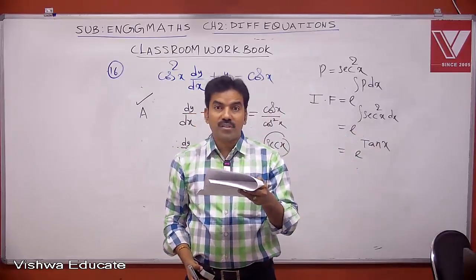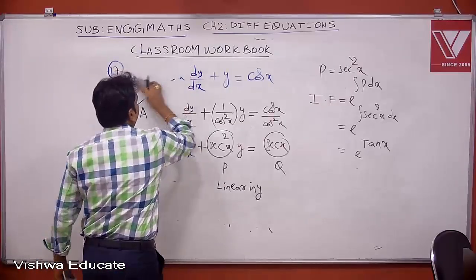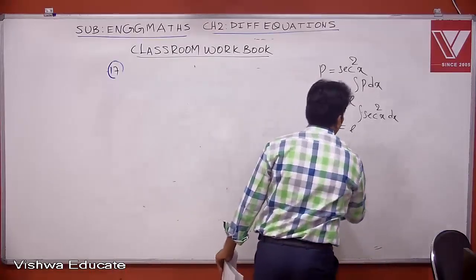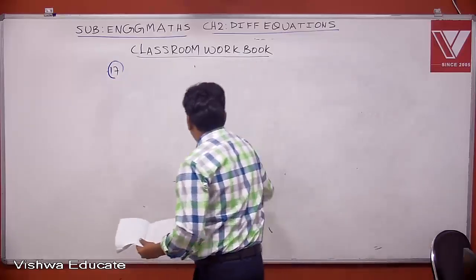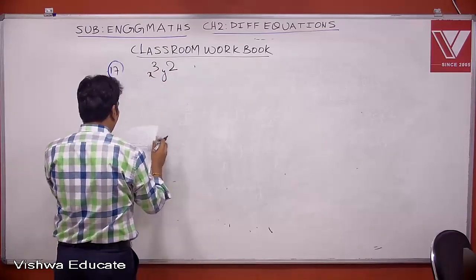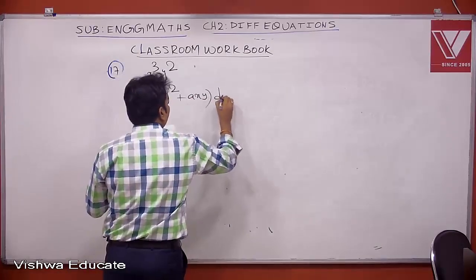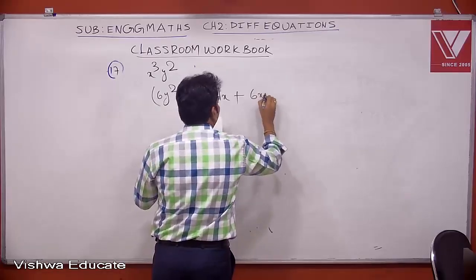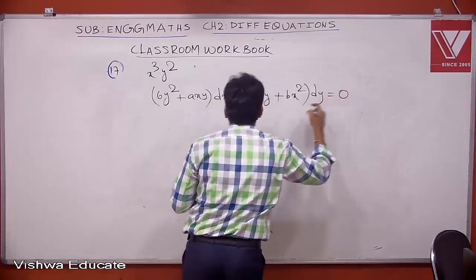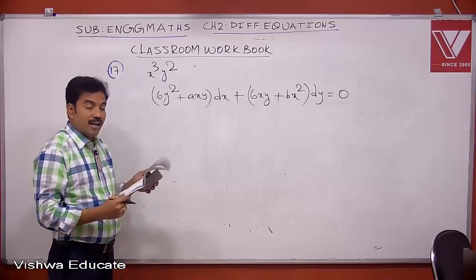Now let us discuss question number 17. If x cube y square is an integrating factor of the equation (6y square plus axy) dx plus (6xy plus bx square) dy equal to 0, then equations are given in terms of small a and b.